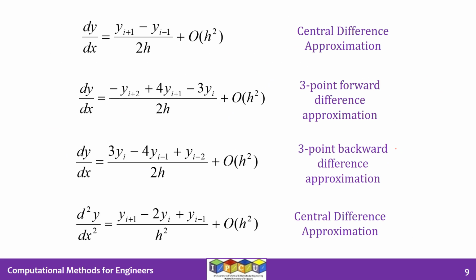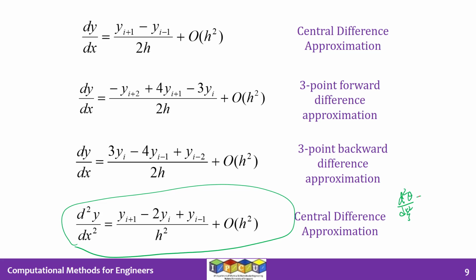That means I'm going to choose this approximation. So instead of d2 theta by d psi squared, I can replace it by theta I plus 1 minus 2 theta I plus theta I minus 1 divided by h squared, and the error as a result of this approximation is going to be of the order of h squared. That's what you see here.